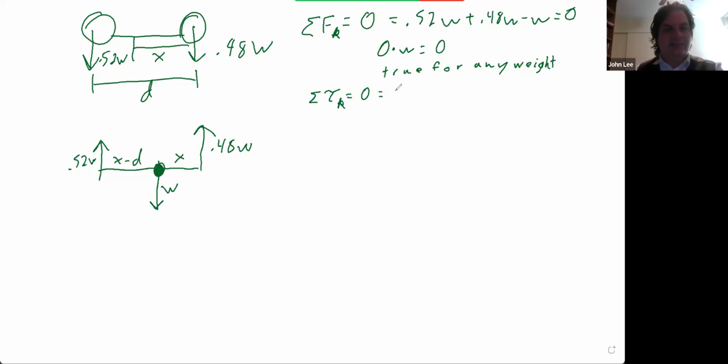So sigma tk is going to be equal to r cross 0.48 weight, coming out of the page. So this torque is coming out of the page.